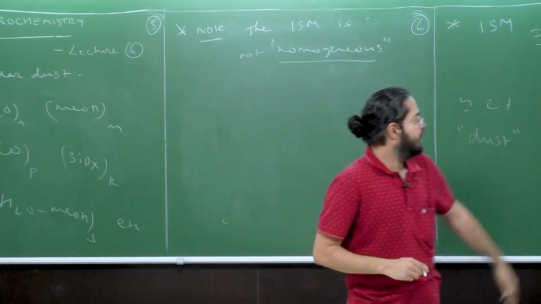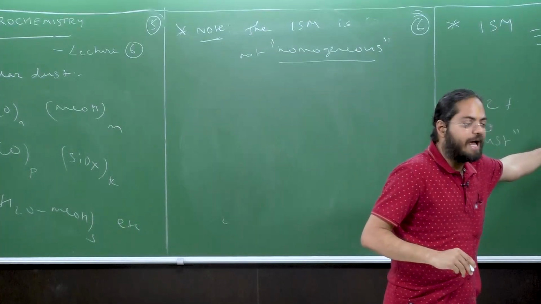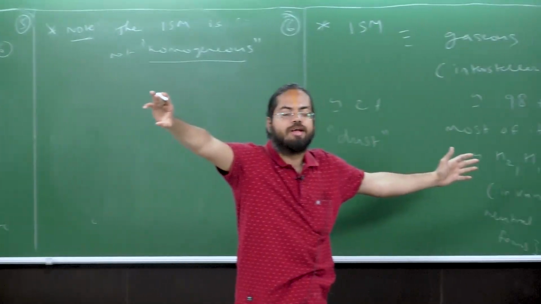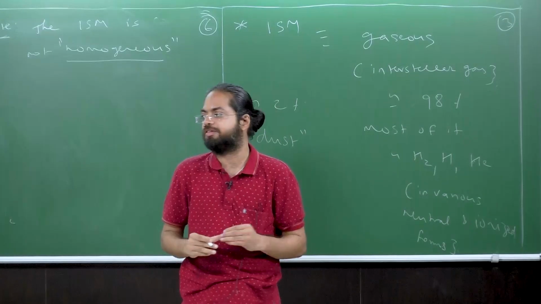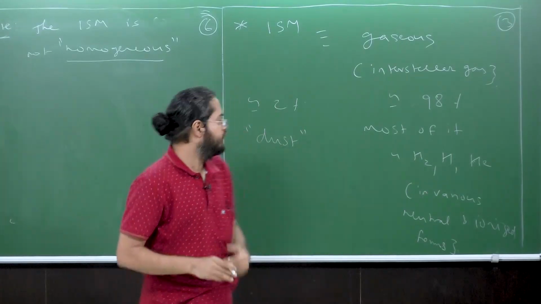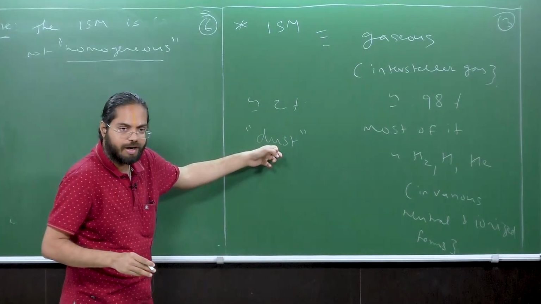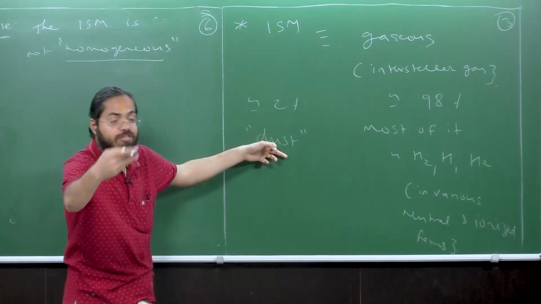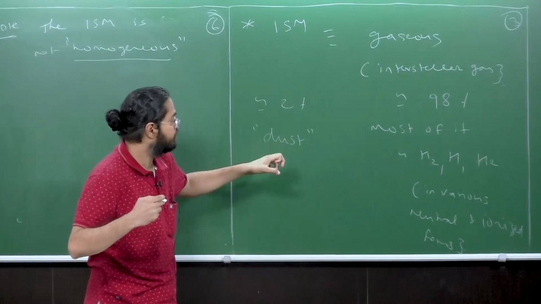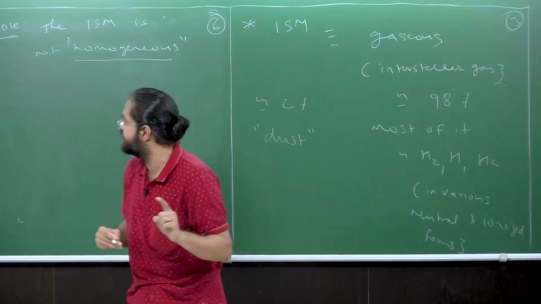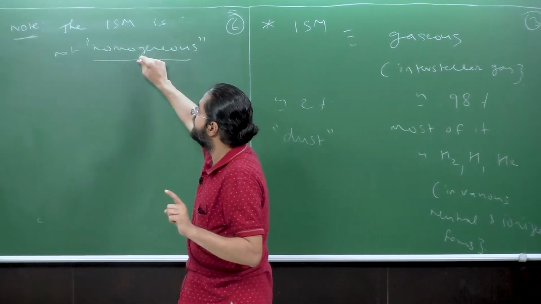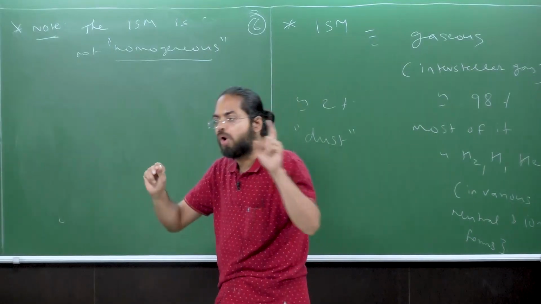For example, just because 98% of it is gas, not all regions in the ISM are identical or even similar. There are going to be tremendous differences. Likewise, even among the various interstellar dusts, there are significant differences. Are we good, right? So the key point to understand here is that the ISM is highly inhomogeneous or non-homogeneous.